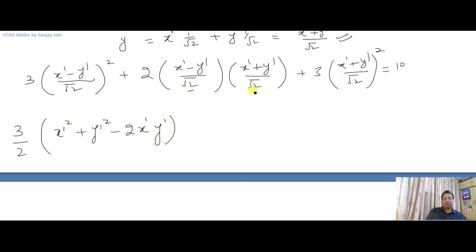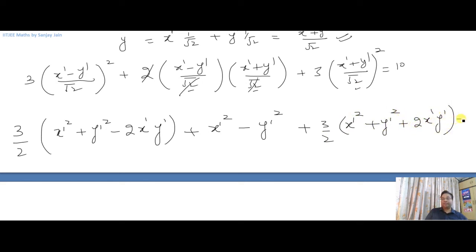Root 2 into root 2 is 2, so it will be cancelled with this 2, and this is a minus b into a plus b, so I can write it as x dash squared minus y dash squared, then plus root 2 squared is 2, so it is 3 by 2 times x dash plus y dash whole square, so it will be x dash squared plus y dash squared plus twice of x dash y dash, and it is equal to 10.